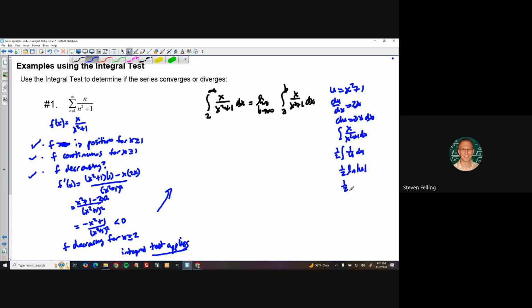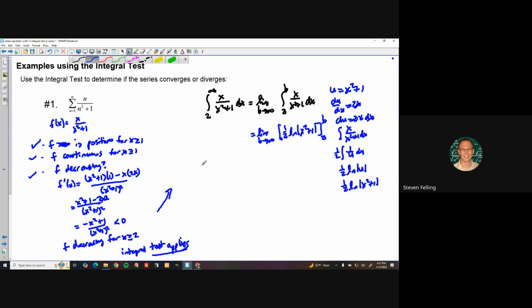And then I like to go all the way back to the original variable x here, because when we substitute with limits, it's harder to translate that across the change from x to u. So now this is equivalent to the limit as b approaches infinity of this antiderivative, which is 1/2 natural log of x squared plus 1, evaluated from 2 to b.